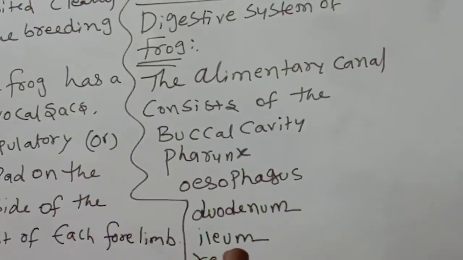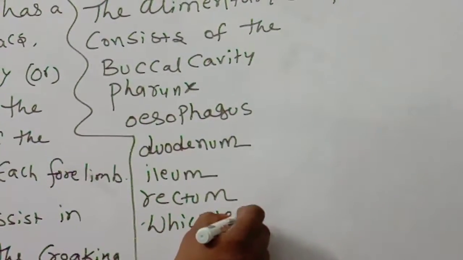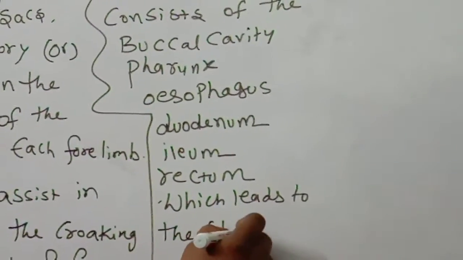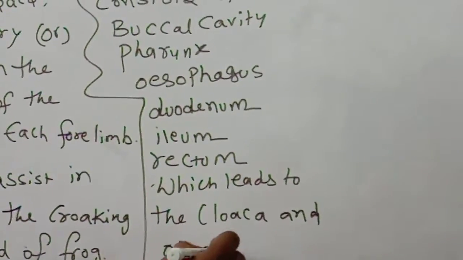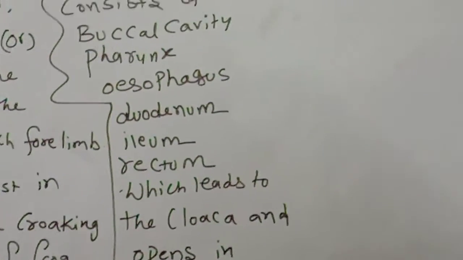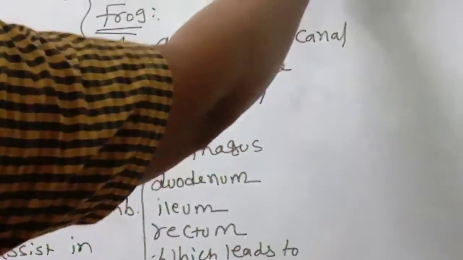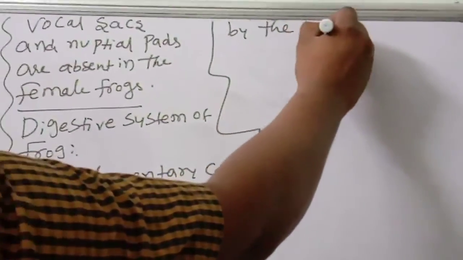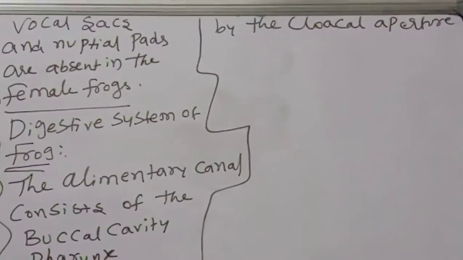Next, rectum, which leads to the cloaca, very very important, and opens outside by the cloacal aperture. This is important.